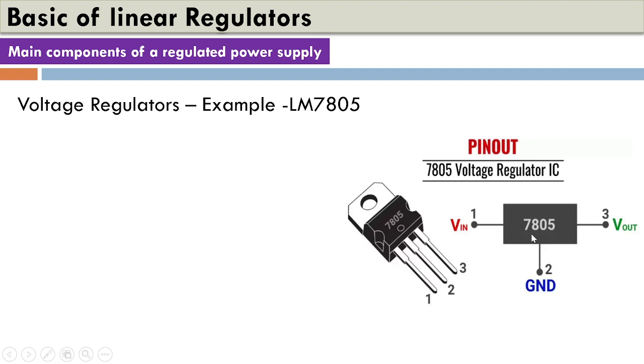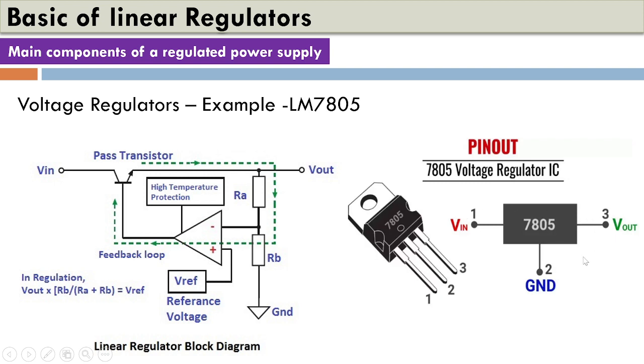It is a fixed positive voltage regulator, and 05 means the output voltage will be regulated at plus 5. It is a three terminal device where one is the input. Usually the range is dropout voltage plus the maximum, which is somewhere around 30 volts DC at the input, and the output will be fixed at plus 5.